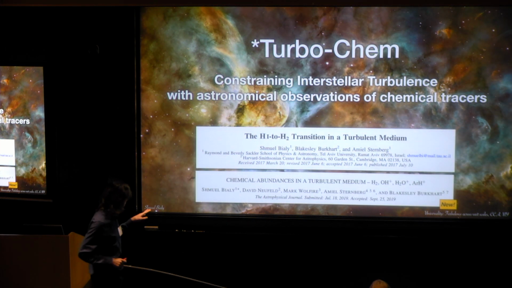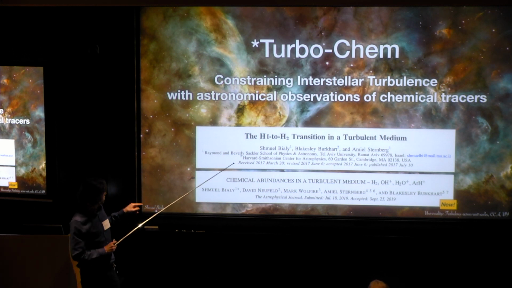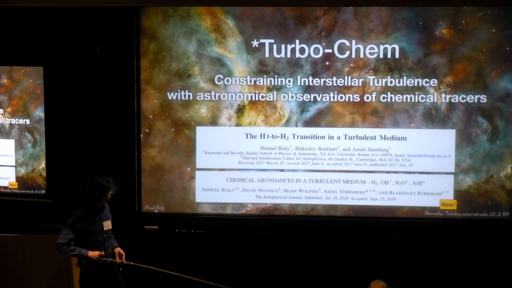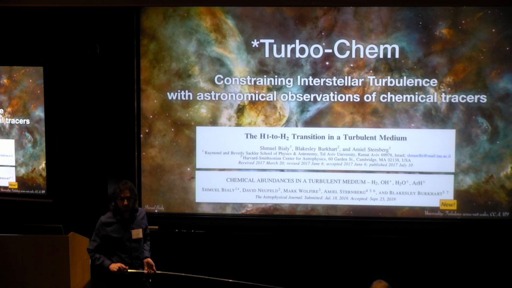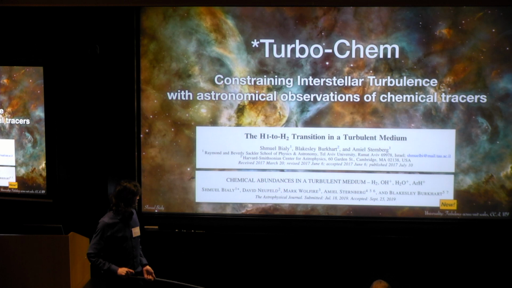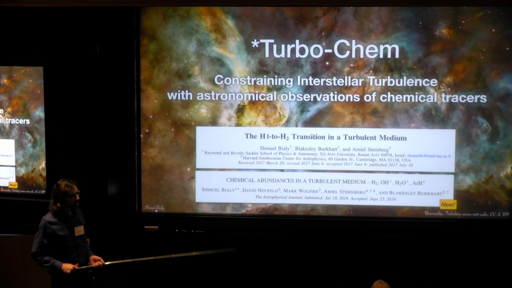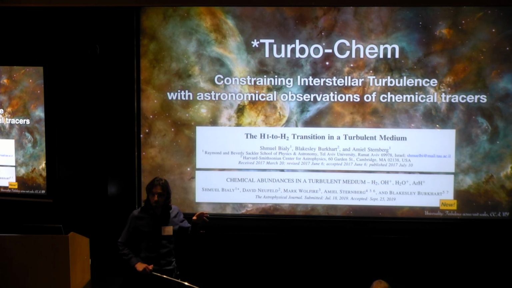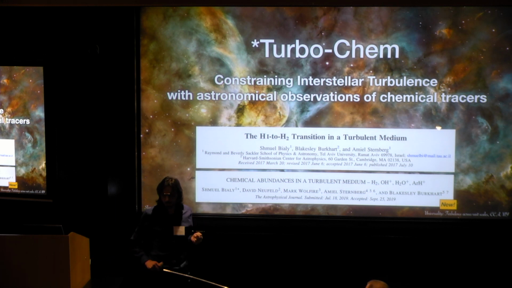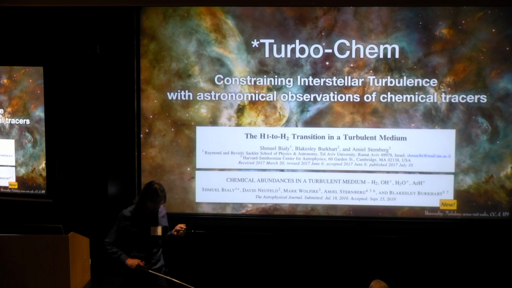And my talk will be based on these two papers, from 1 or 2 years ago with Blakesley, and also now with Blakesley and Amiel Sternberg, my former PhD advisor in Tel Aviv. Now I'm at the CfA at Harvard, and also other collaborators. And the idea here is really, I think, quite interesting, that it connects several fields, chemistry, astrochemistry, and turbulence, to study the structure of turbulence in the interstellar medium.